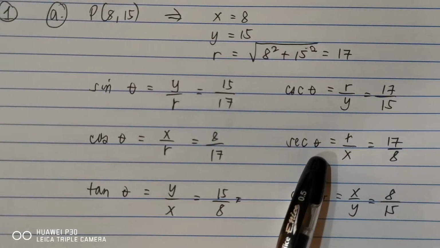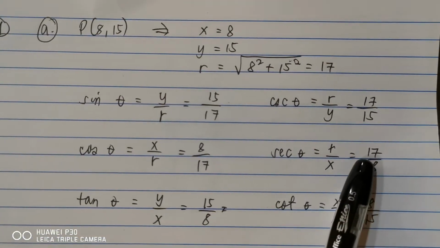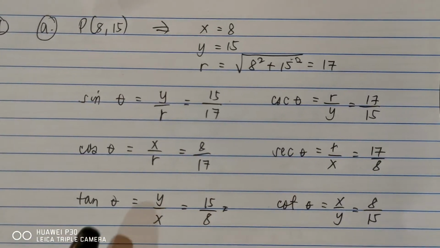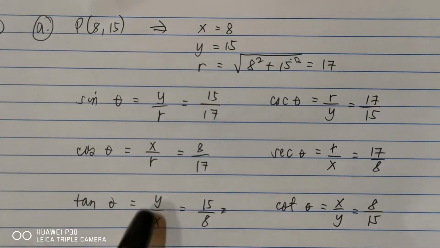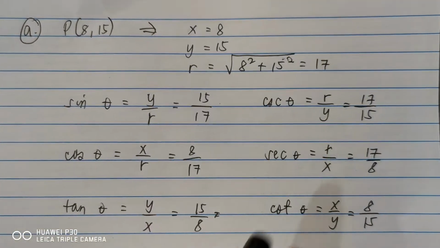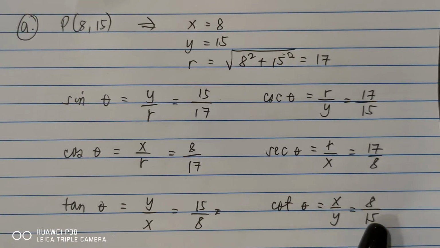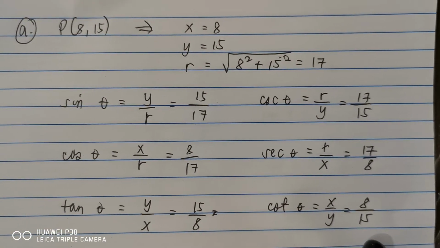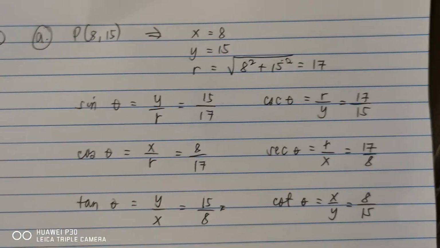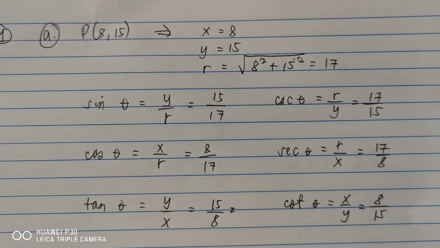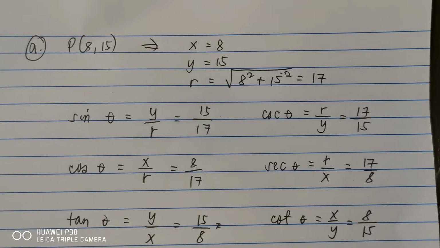Secant theta is the reciprocal of cosine theta, so we have 17 over 8. Tangent theta is y over x. Our y is 15 and our x is 8. And cotangent theta is the reciprocal of tangent, so cotangent is 8 over 15. What is the measure of angle theta? Well, that's going to be a next lesson.